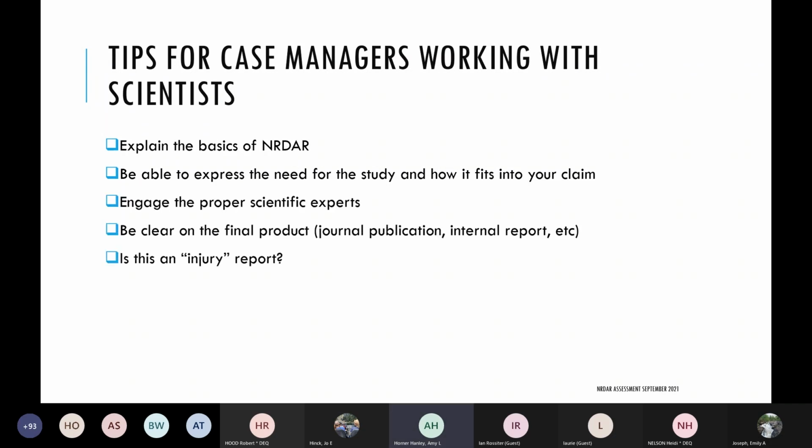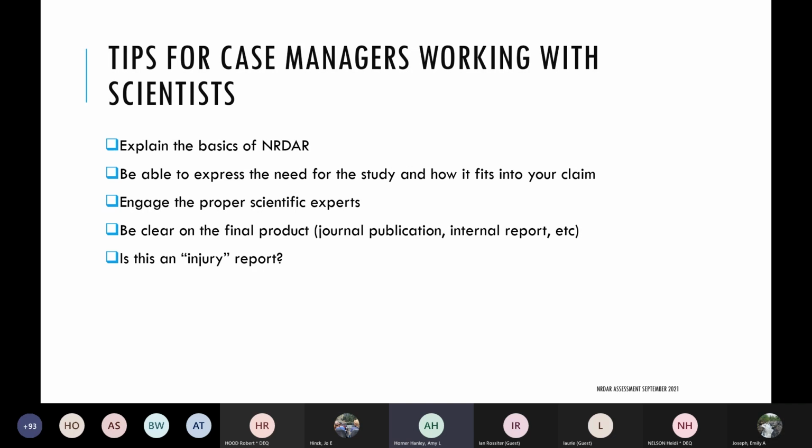Case managers should engage the proper scientific experts. What do I mean by proper? We talked earlier about the need for the experts to be qualified for court, for example. So we're going to want to look at their credentials and make sure that we would be able to certify them as an expert in their field.